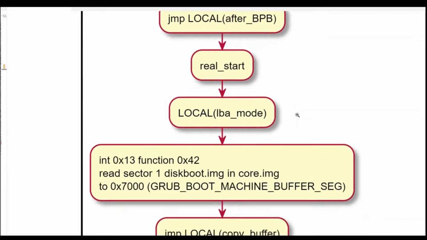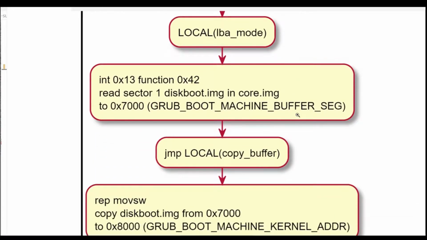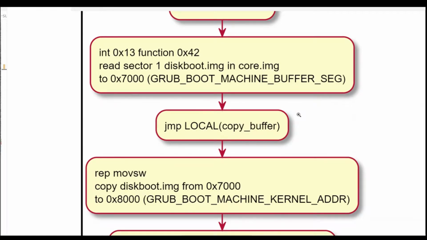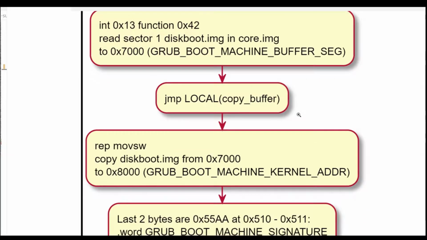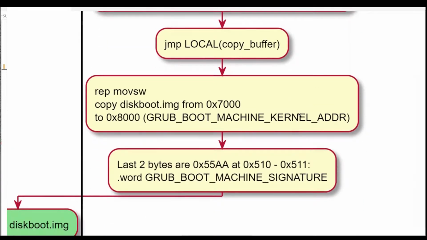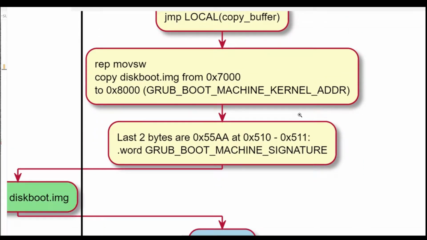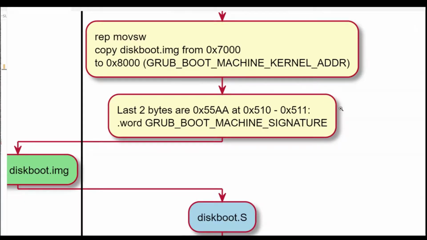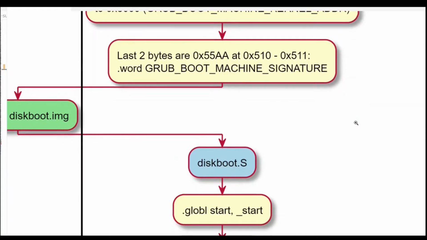Use interrupt hex 13 function hex 42 to load diskboot.img to hex 7000, followed by copying to hex 8000 with instructions REP and movsw. boot.S is ended with magic number hex 55AA, 2 bytes at hex 510 to 511.